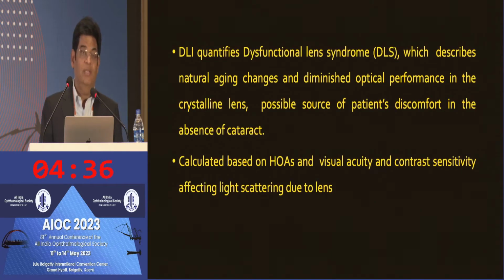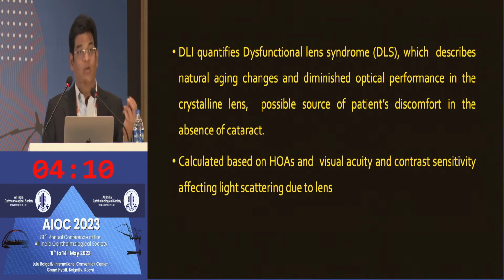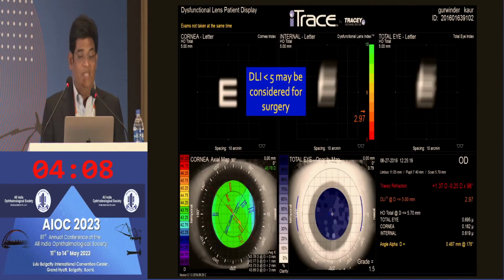We don't know exactly how Tracey Technologies has developed this nomogram to calculate the DLI, but it relies on the natural aging changes of the lens, as well as the diminished optical performance of the lens, and possibly correlates them with the higher order aberrations, visual acuity, and contrast sensitivity of the lens.